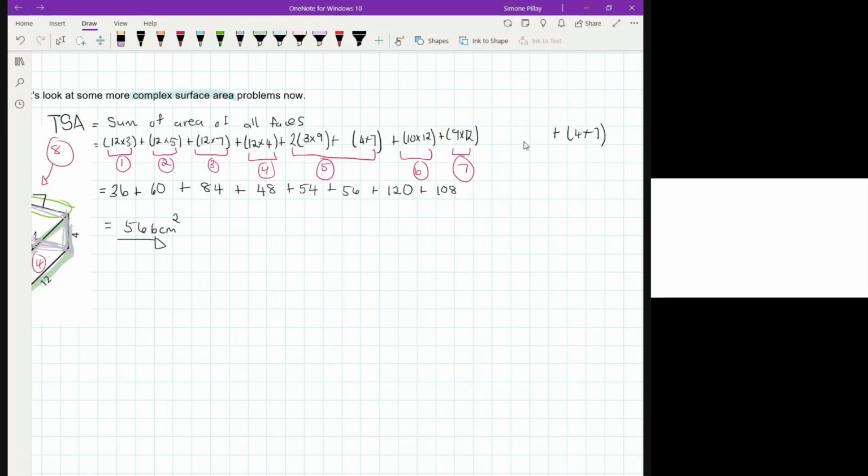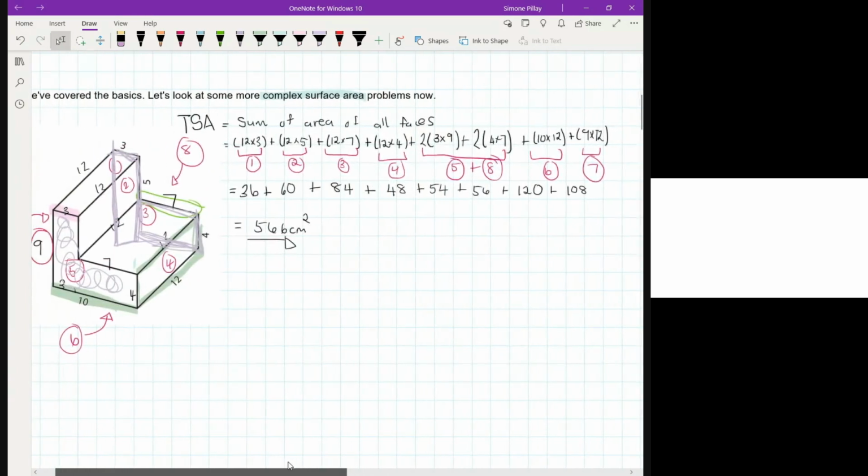If this was plus x, like terms, add them together, plus 2x, which is 4 times 7. Does this make sense now why I did that? Yes, ma'am. And so now I've included face number 5 and face number 8 in that one calculation. Thank you. Pleasure.